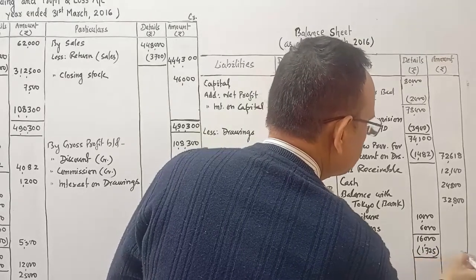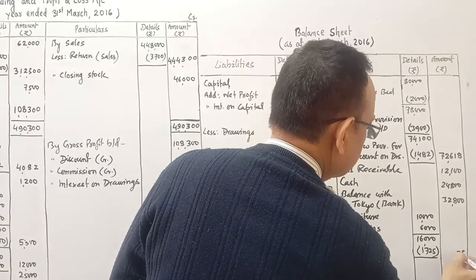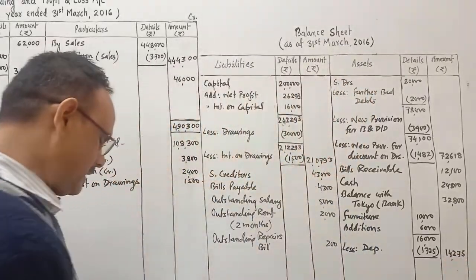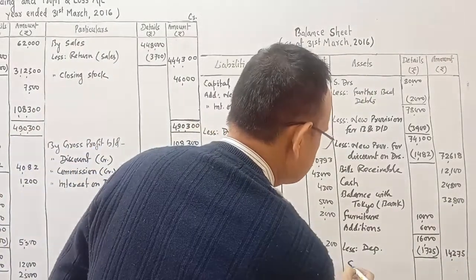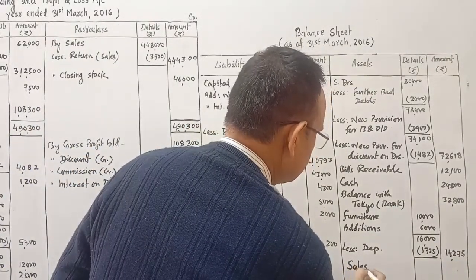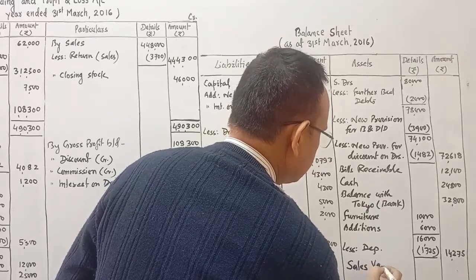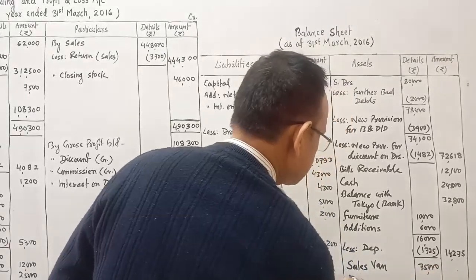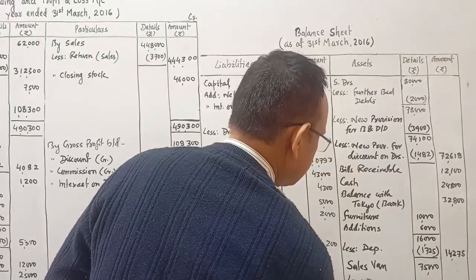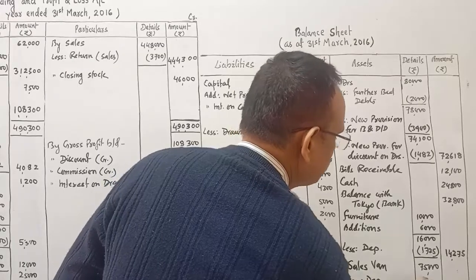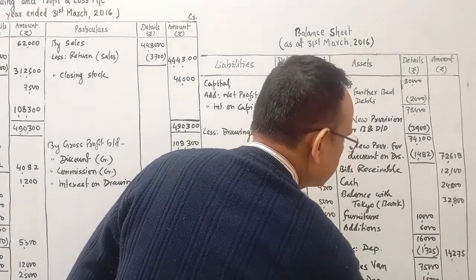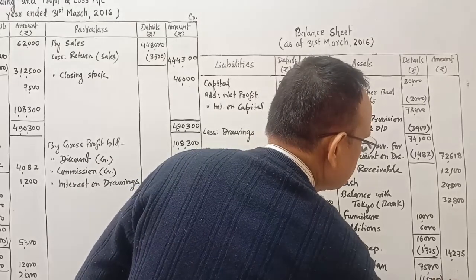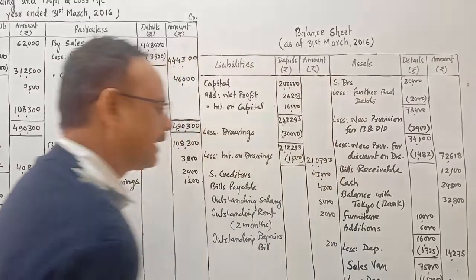We'll write the rest in the outer column, 14,275. Thereafter sales van is 75,000, and we'll deduct depreciation of 15,000. In the outer column we'll write 60,000, the book value of the sales van.